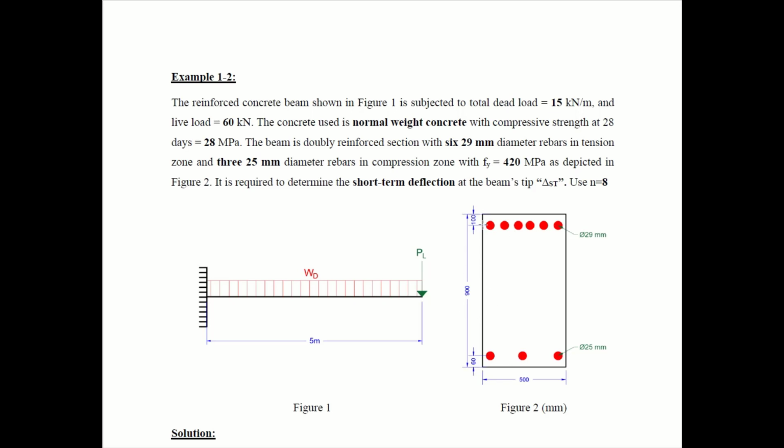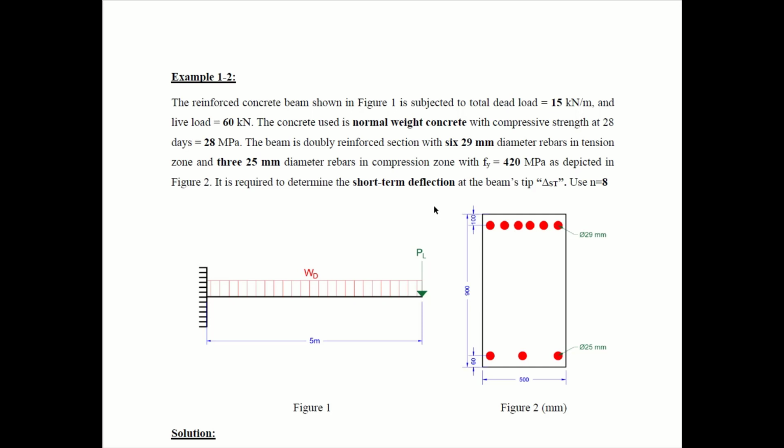The cover to the center, we have here 100 millimeters for the top reinforcement and 60 millimeters for the bottom reinforcement. It's required to determine the short-term deflection at the beam tip. So we all know that the short-term deflection is equal to the deflection due to dead and live minus deflection due to dead only.